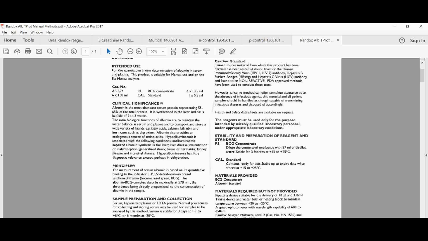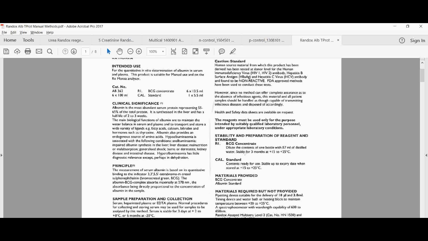Dilute the contents of 1 bottle with 87 ml of distilled water. So the reagent comes with a certain quantity, and in this case the total volume is 100 ml, but it doesn't come with 100 ml of reagent. It comes with less. You have to add 87 ml of distilled water to make it up to 100 ml.